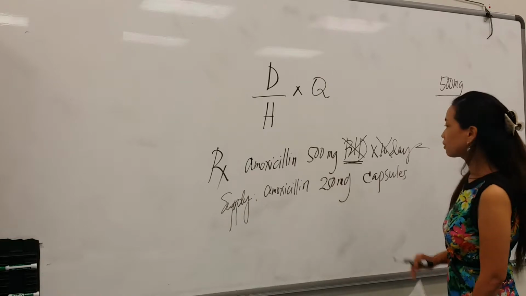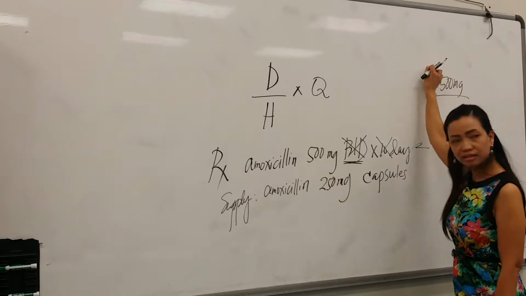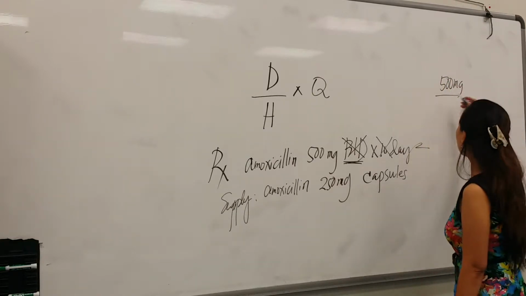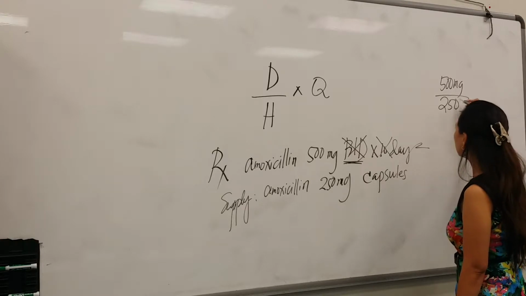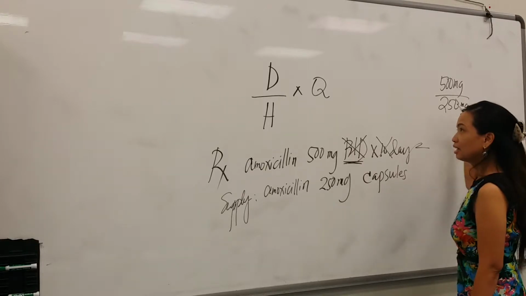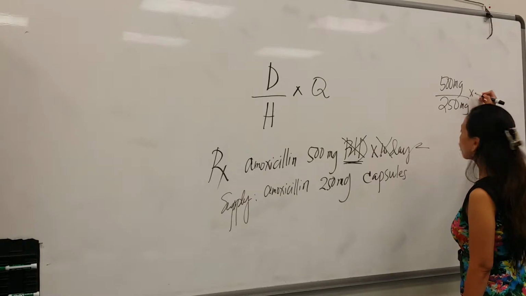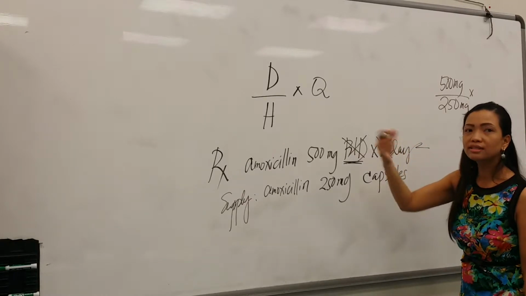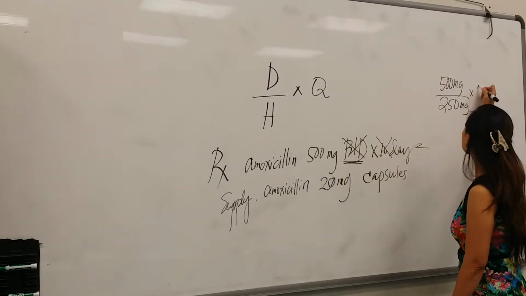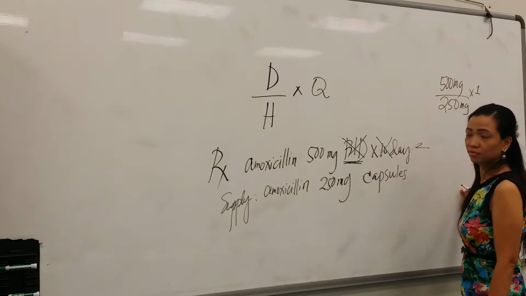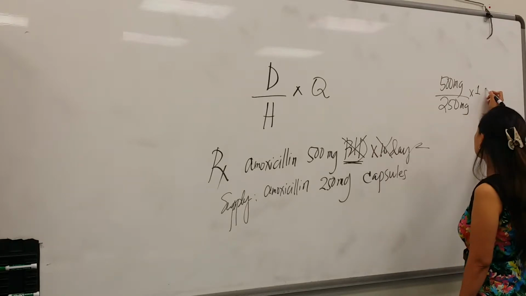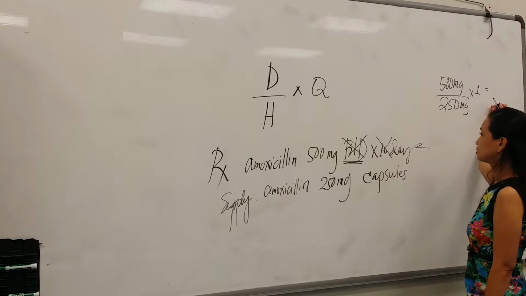So how does that work? The doctor desired for 500 milligrams. What do you have? 250 milligrams. Okay. And what's the quantity for every single dose, per dose? Just 1, right? I have to give 1. Okay? What will be the answer?